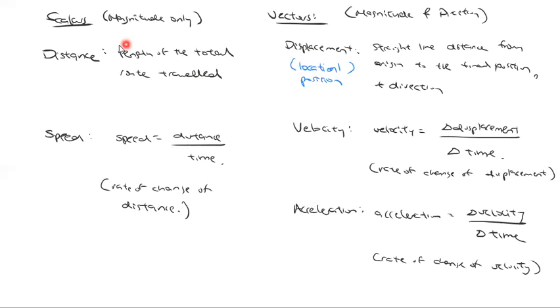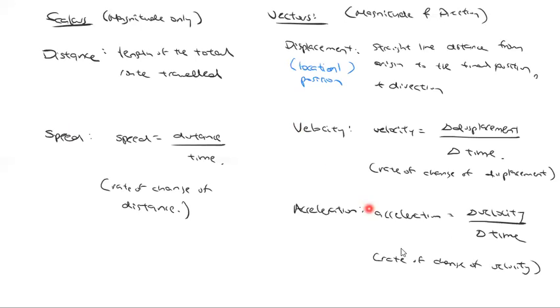And we won't be doing too much with distance and speed. However, do note that questions could ask you about distance and speed. You'll need to recognize that you are working with the vectors, displacement, velocity, and acceleration, and from that, try to work out the appropriate distance and speed.